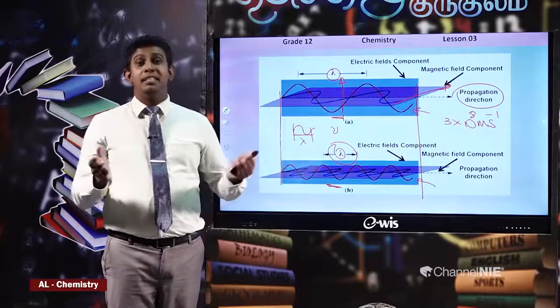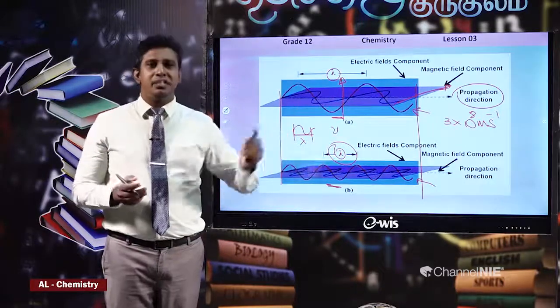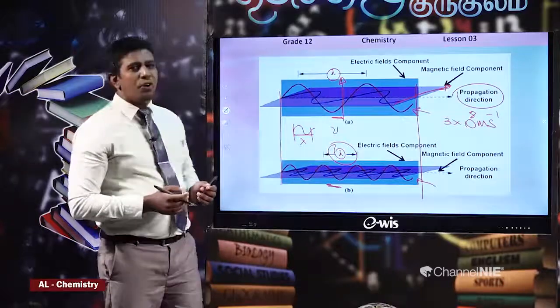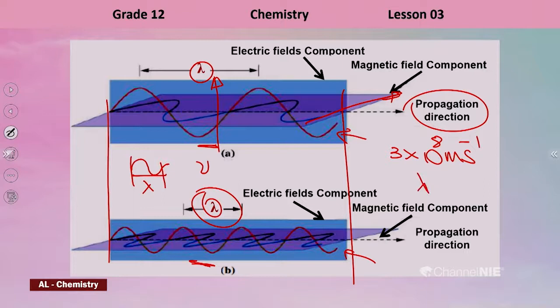In other words, it's the speed, the velocity in a certain direction. Therefore, lambda into nu gives us the speed or velocity of that particular electromagnetic radiation.